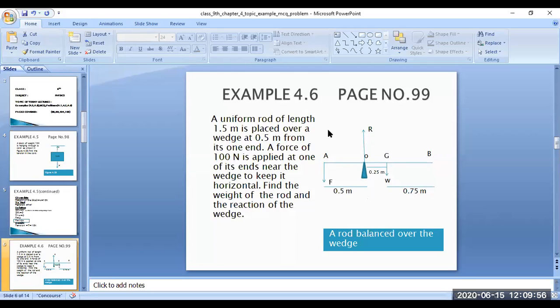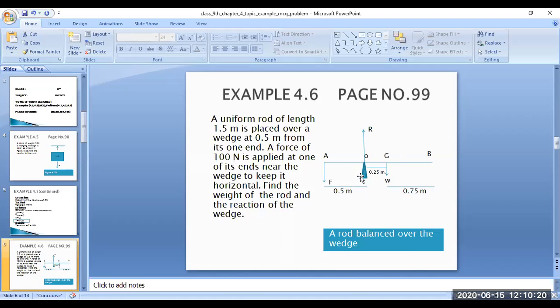The rod is placed over a wedge at 0.5 meters away from its one end. So from A to O the distance is 0.5 meter, and from B to G the distance is 0.75 meter. How can we find the distance O to G? 0.75 minus 0.5.